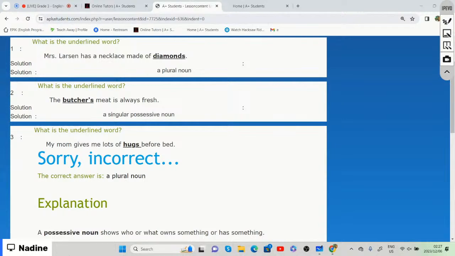If we look at the word hugs, then we can just say hugs is a plural noun. Not possessive, there's no apostrophe, it is just a plural.